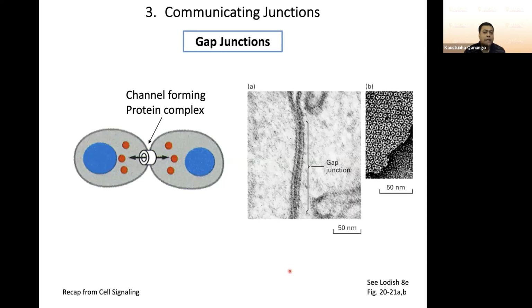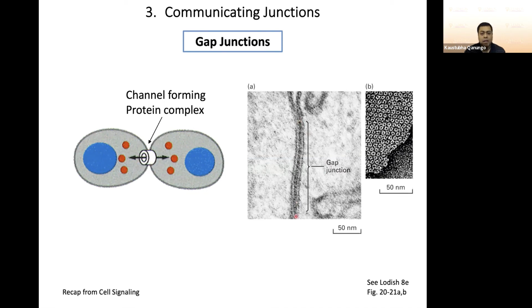Right here you are seeing two adjacent cells, and here is a channel-forming protein complex. This is a crude way to distinguish a gap junction. Gap junctions allow some molecules to pass between the cells, but not all, usually very small ones.